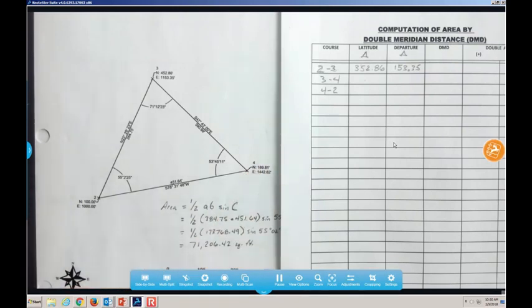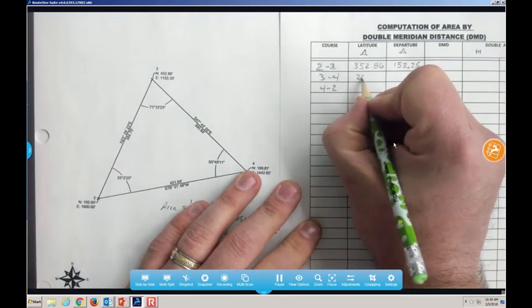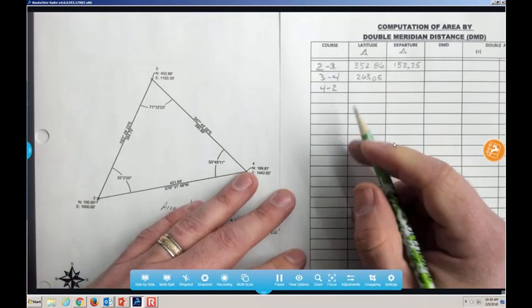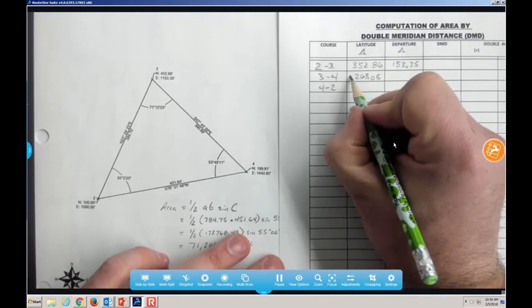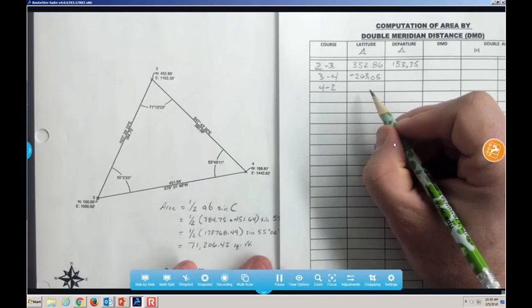What is that change? 263.05. Did we move in the negative or positive direction? Negative. We went negative, so we want to label that a negative. You'll see where that comes into account shortly.